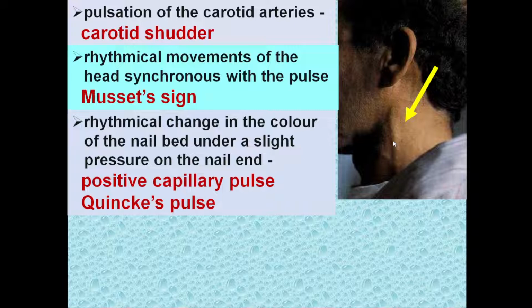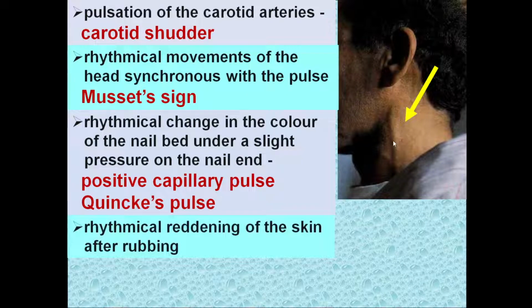It is again connected with circulation of blood in the greater circulation, when the vessels overfill during systole and collapse during diastole. We can see rhythmical reddening of the skin after rubbing, with the same mechanism as the positive capillary pulse: Muset sign and carotid shudder.